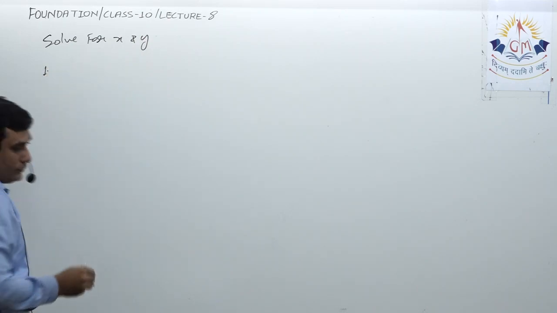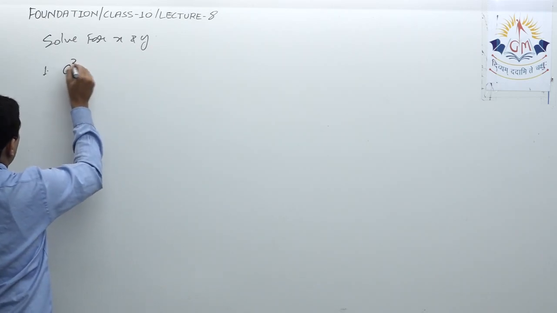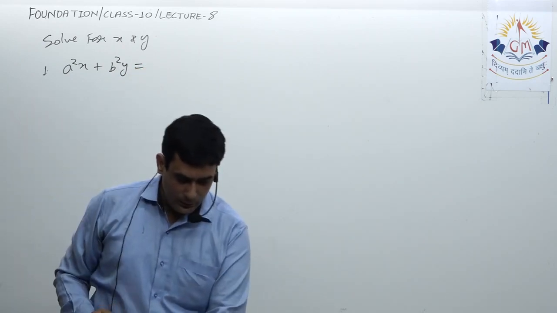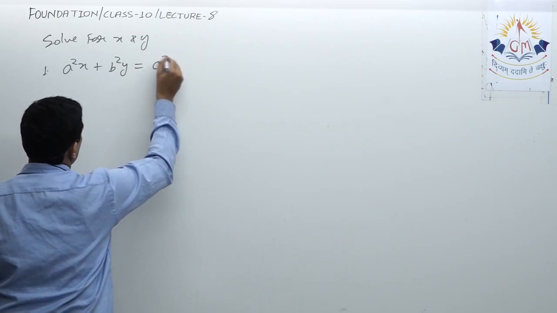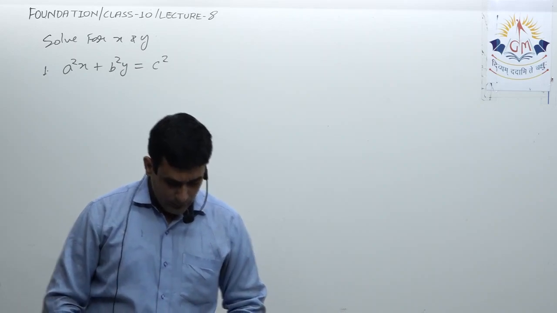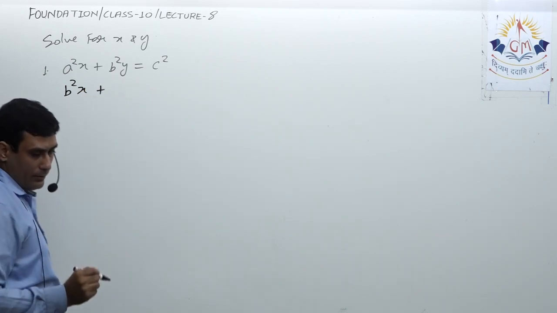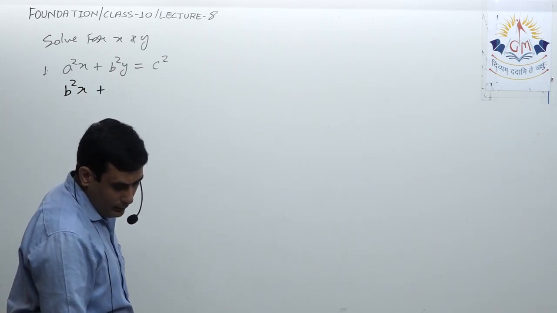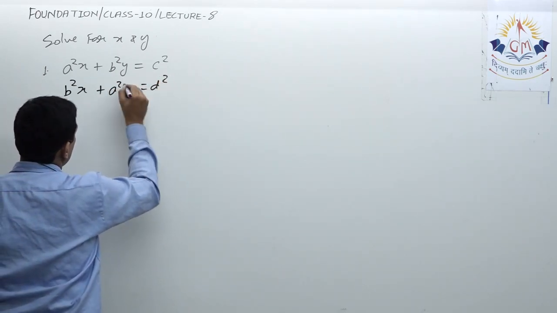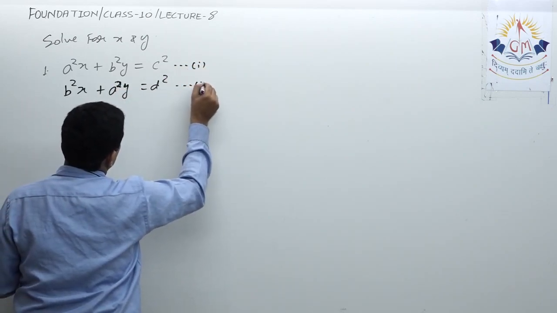In this first question, the first equation is a square x plus b square y is equal to c square, and the second equation is b square x plus a square y is equal to d square. This is equation 1, this is equation number 2.